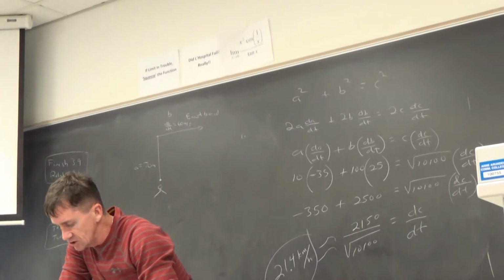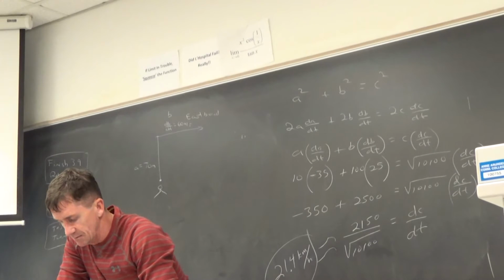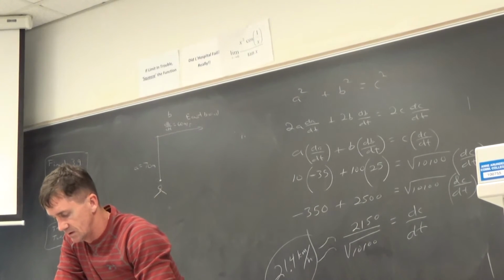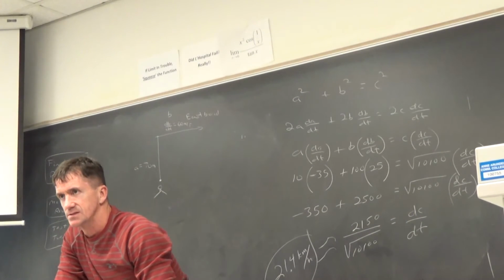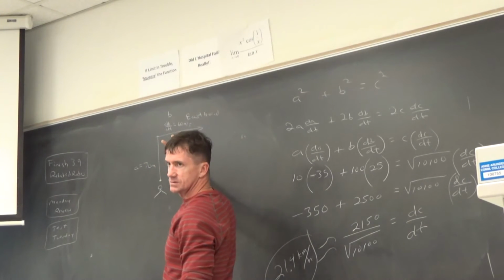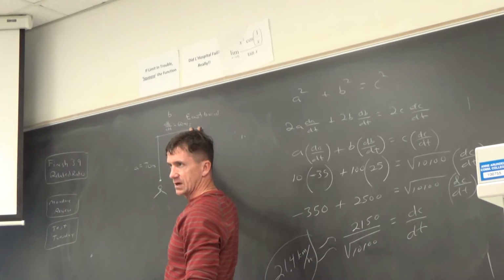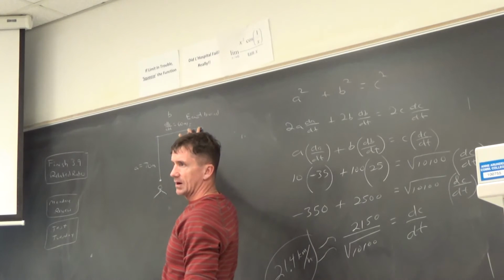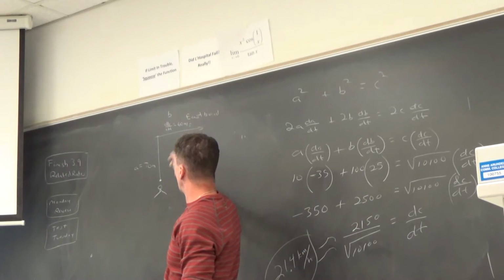At how many meters per second is the train moving away from the observer 4 seconds after it passes here? So we're gonna go 1,000, 2,000, 3,000, 4,000, 4 seconds. Then we gotta talk about how fast the train is moving away from this person.